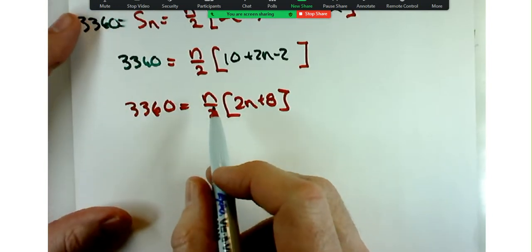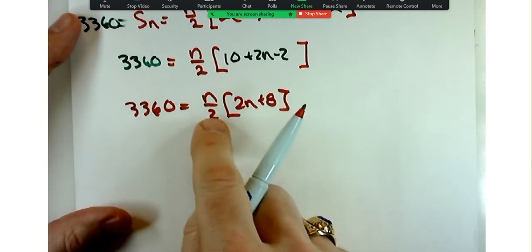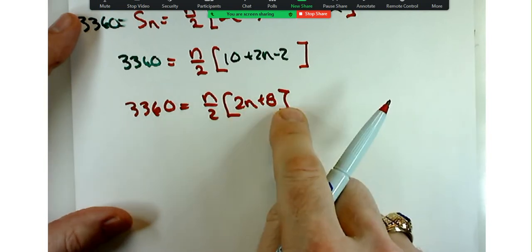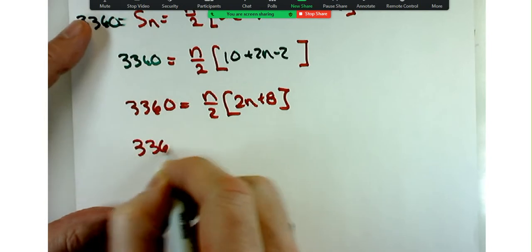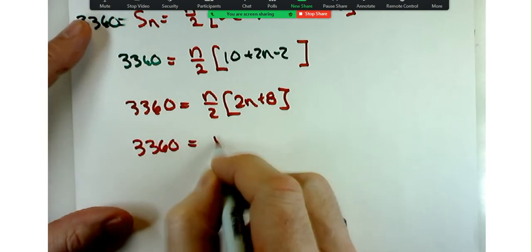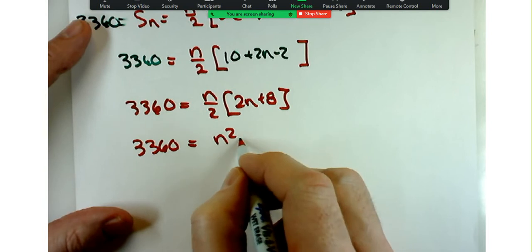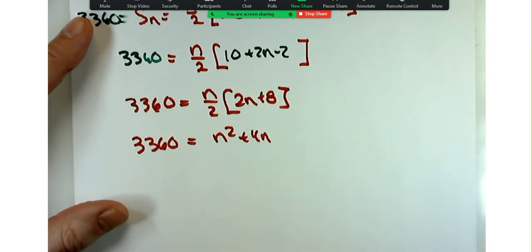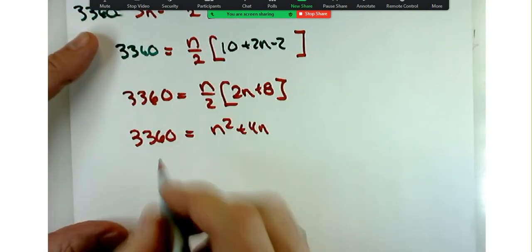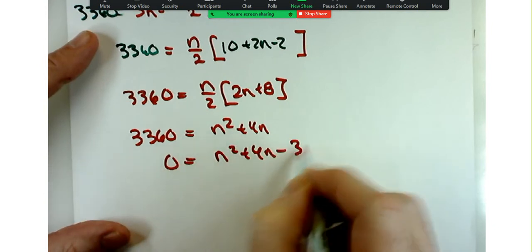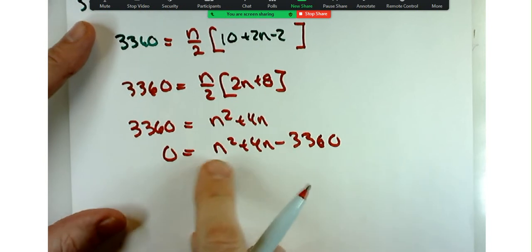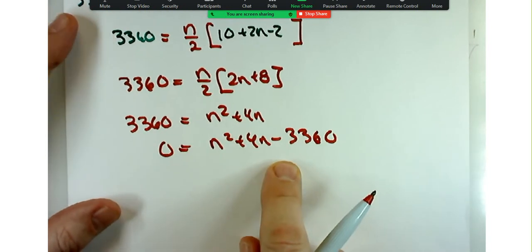If I distribute this, I'm dividing each term by 2 and multiplying each term by n. I'll get a nice quadratic equation: n squared plus 4n equals 3,360. If I move this to the right-hand side, what are my options to solve this?